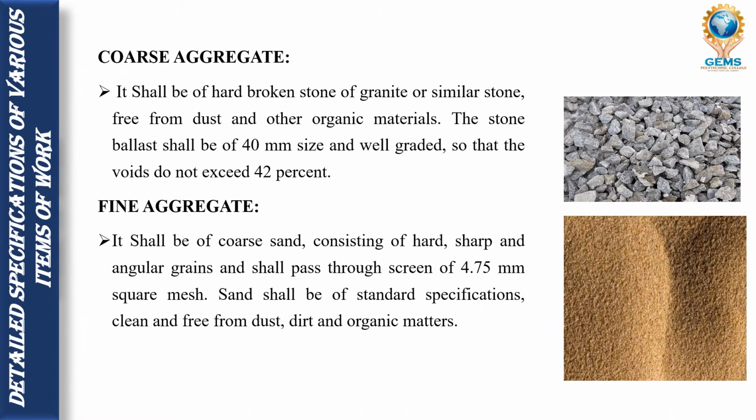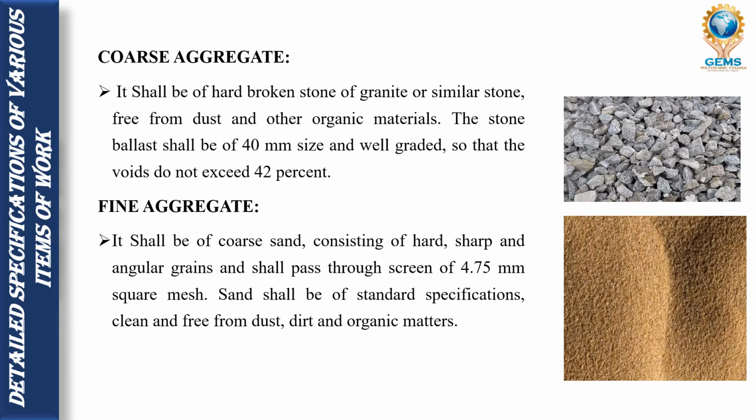So next one is coarse aggregate. What are the specifications of coarse aggregate for PCC foundation? It shall be of hard broken stone of granite or similar stone, which is free from dust and other organic materials.